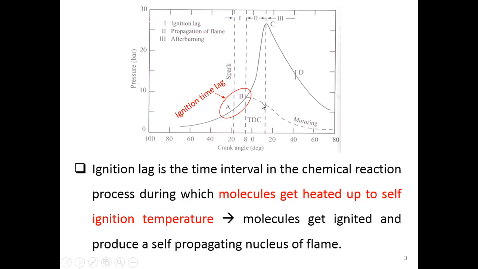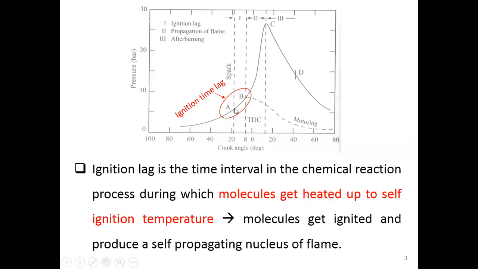This is the pressure due to compression only. At B, we start to see the pressure in our cylinder deviating from the motoring curve, so the ignition lag stage stops right here.